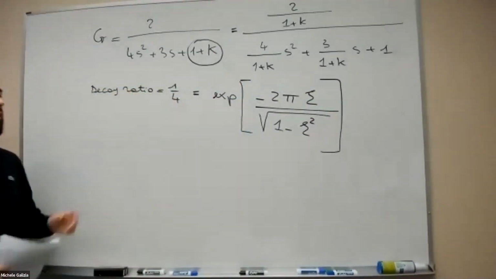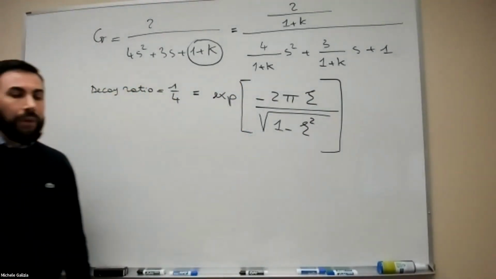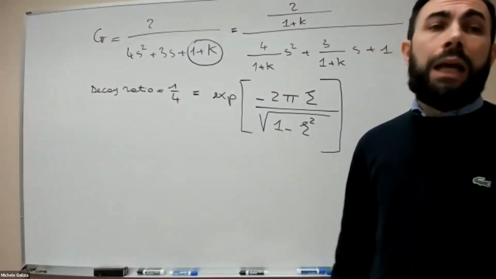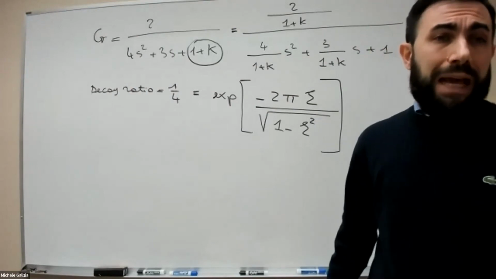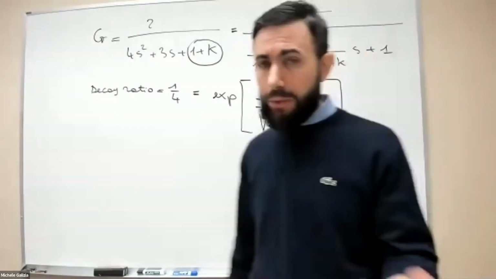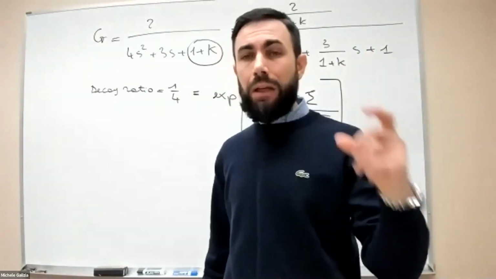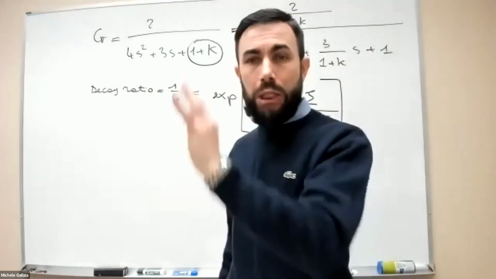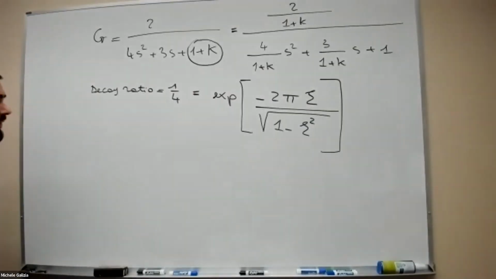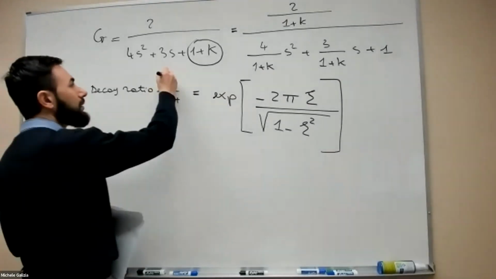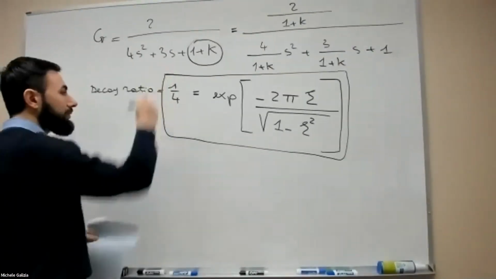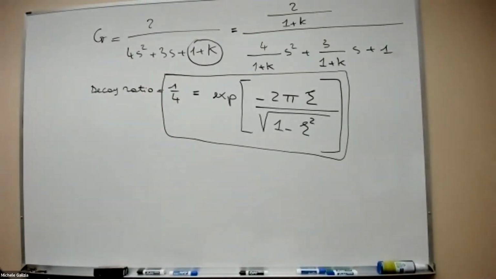We saw this formula last time. You can find this definition in slide group number 7. This decay ratio tells you how fast the oscillations are dampened in an underdamped system. So we have to find the value of k that makes the decay ratio equal to 1/4.